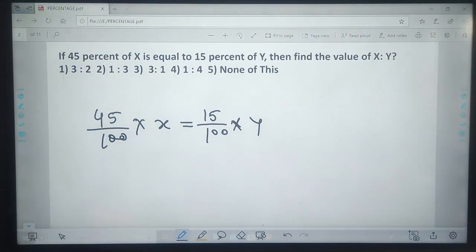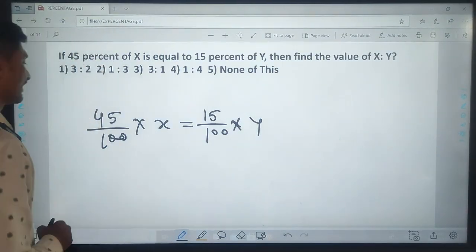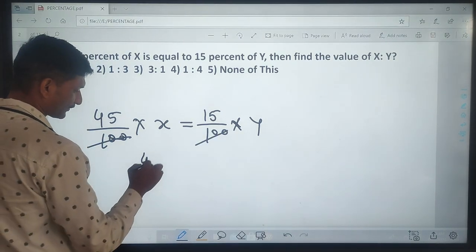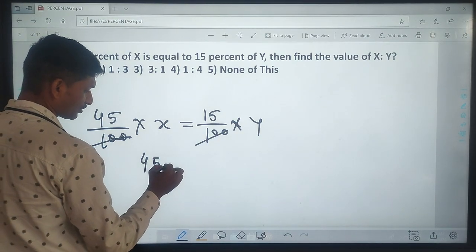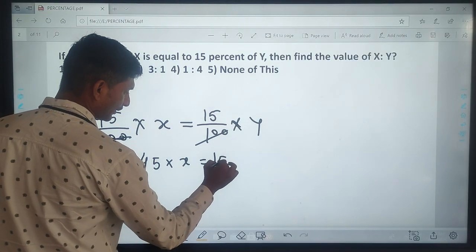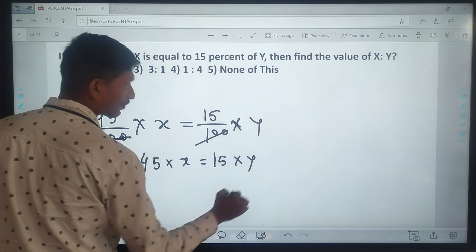Now we find x as to y. Here 100 gets cancelled. Now here we write 45 into x is equal to 15 into y.